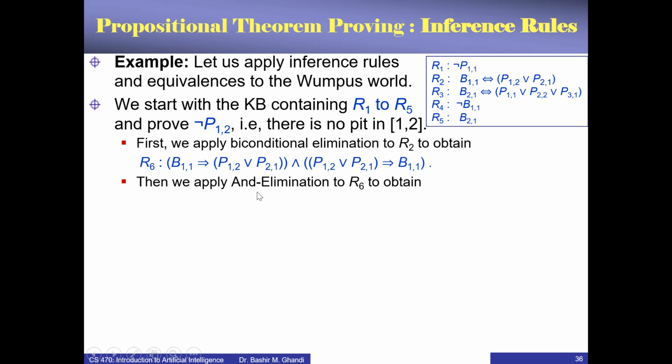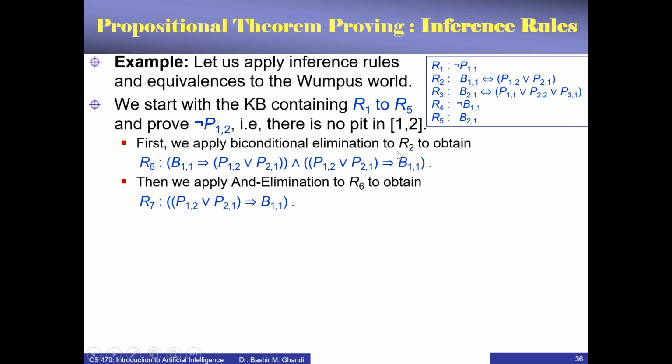Next, we apply AND elimination on R6. We're going to eliminate the AND. If you remember, it says if you have two sentences, alpha and beta, as your premise, you can just choose one of them, either alpha or beta.